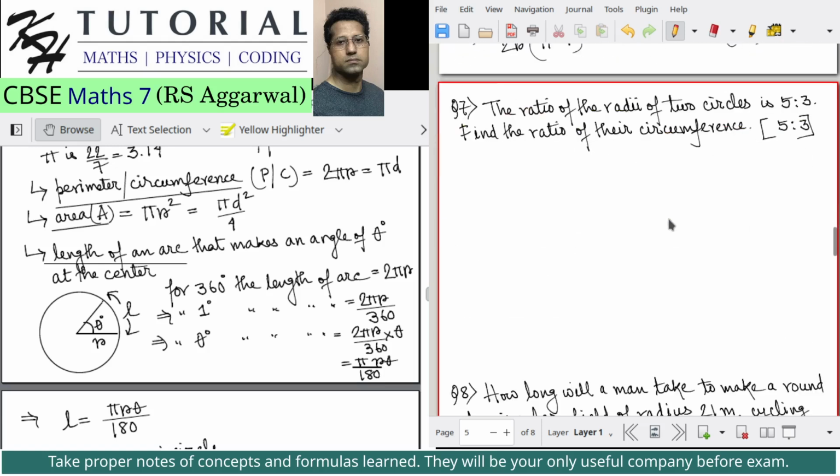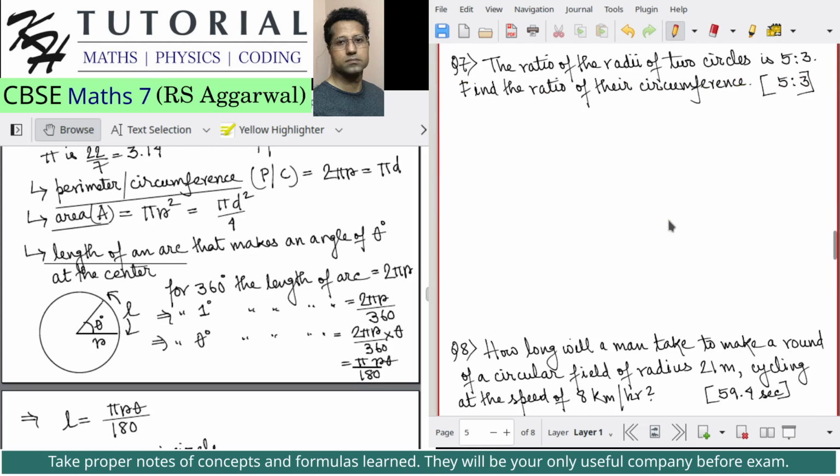Question number 7. The ratio of the radii of two circles is 5:3. That is, the ratio of the radii of first circle and the radii of the second circle is 5:3. Find the ratio of their circumference. So let radius of first circle be r1 and radius of second circle be r2.